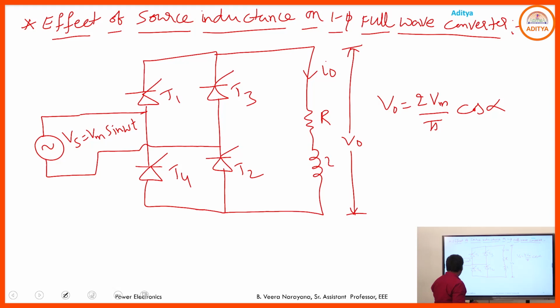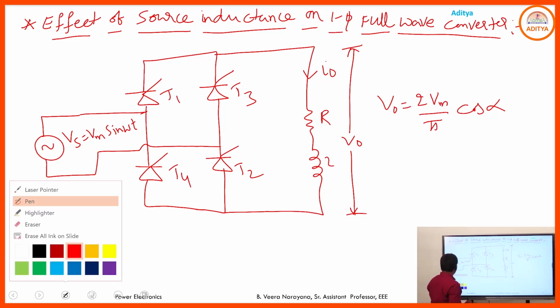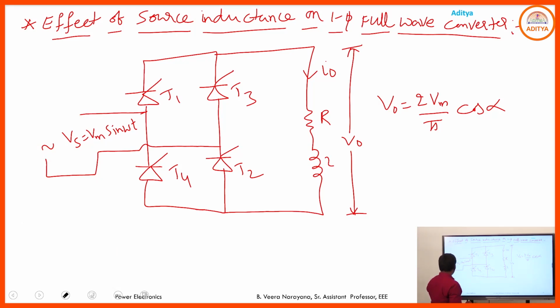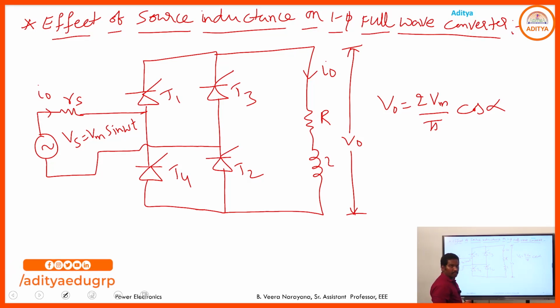For example, if the source impedance is considered as a resistance, that means the source has some internal resistance, then depending upon the load, some current flows through the internal impedance.